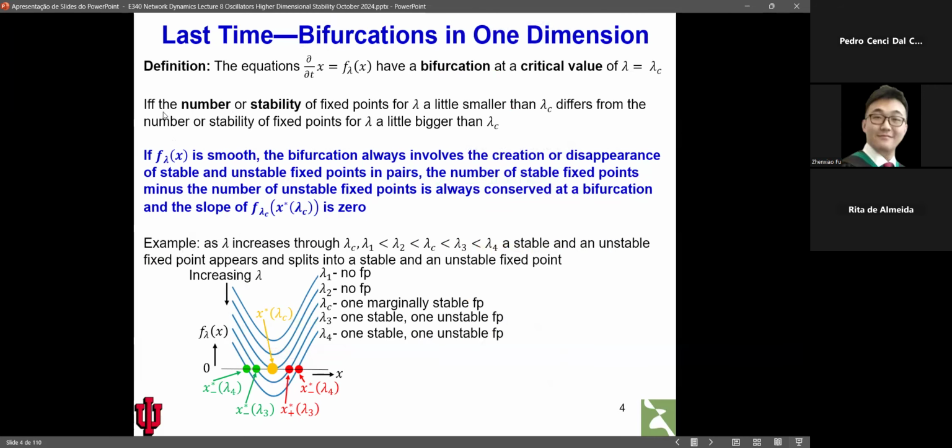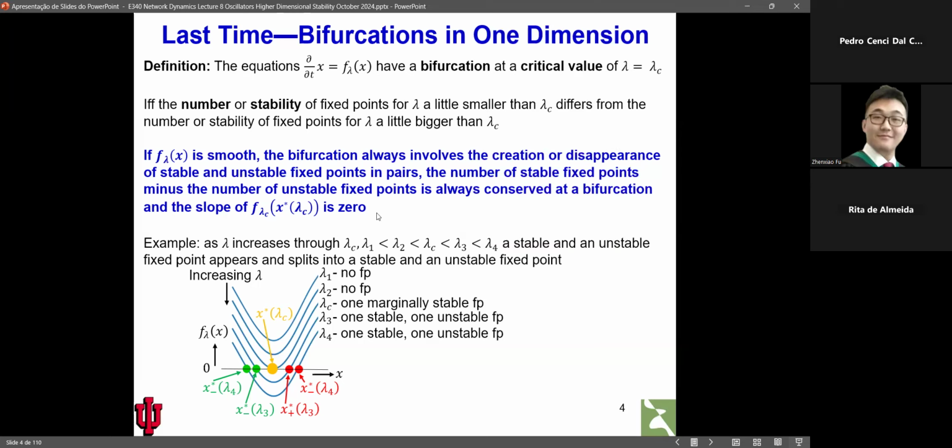If and only if the number or stability of fixed points for lambda a little smaller than lambda c differs from the stability of fixed points for lambda a little bigger than lambda c, then you say that you have a bifurcation, because at the value of lambda c, lambda critical, it's going to change the stability of the fixed points.